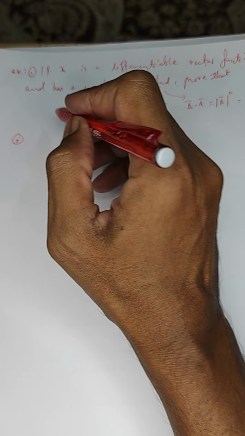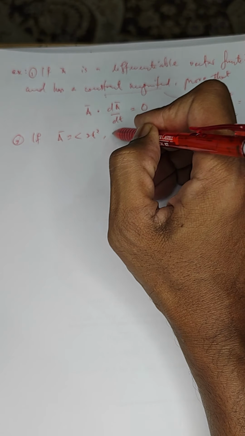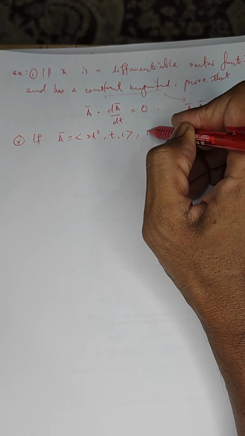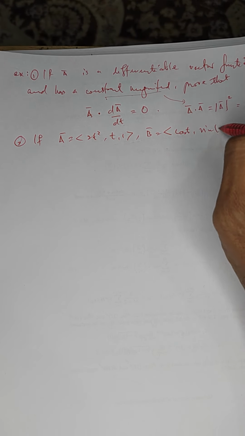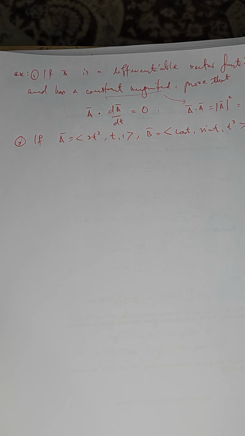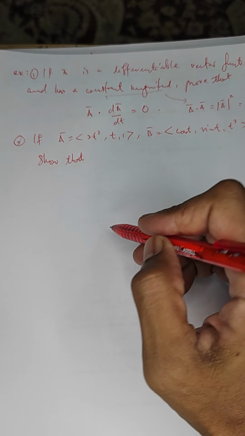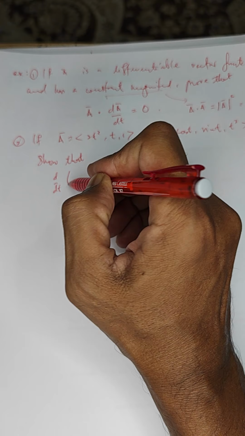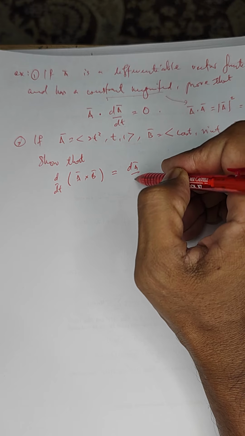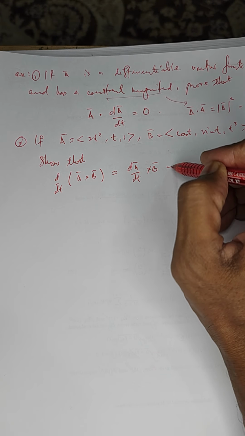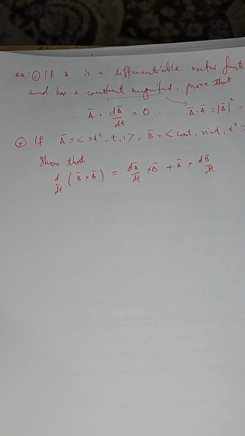Number 2, if A is given as (2t², t, 1) and B is given as (cos t, sin t, t³), show that d/dt (A cross B) equals dA/dt cross B plus A cross dB/dt.